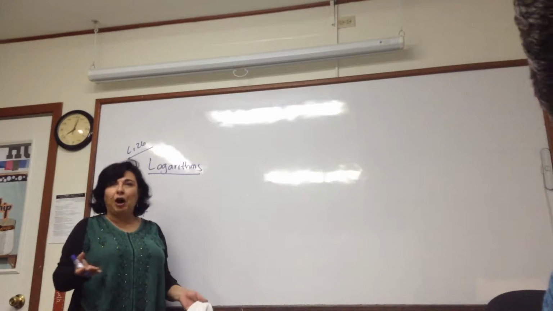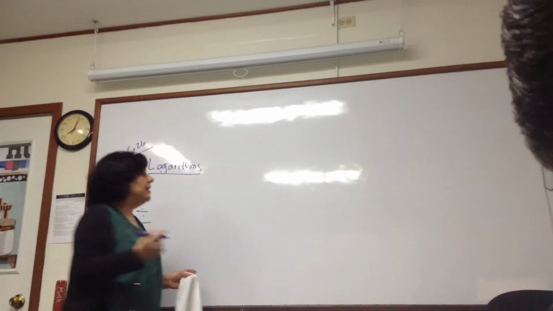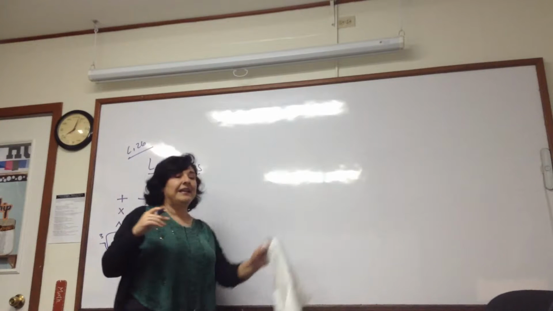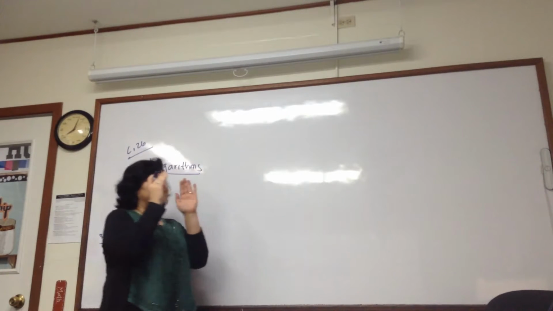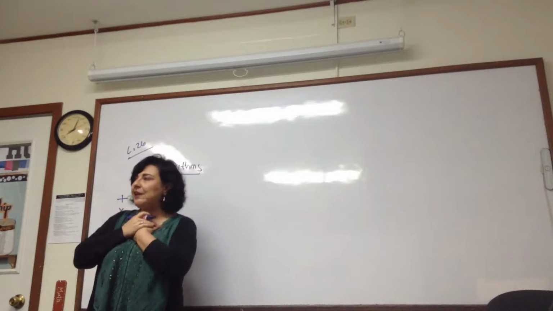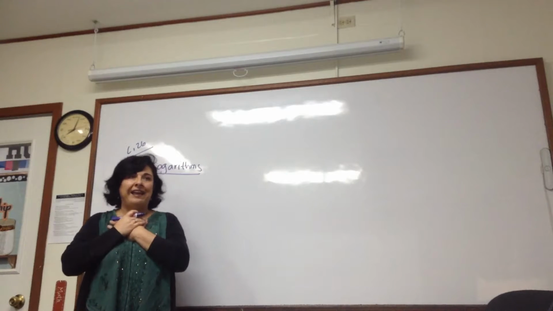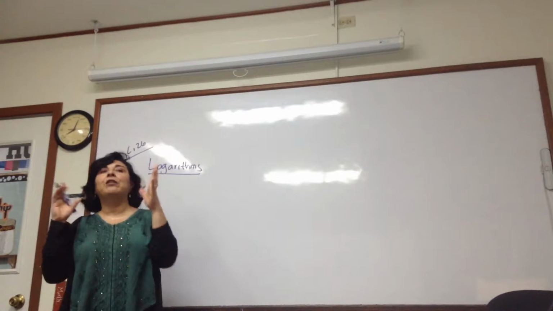It's not something you chop. It's a logarithm. Okay. Now, let me explain the way a student, Felipe Sanchez, made me understand, and I thought it was the easiest way ever because I could not remember the order of things.